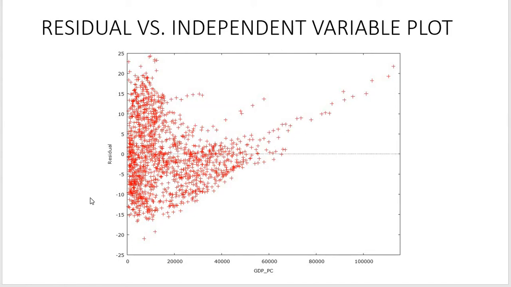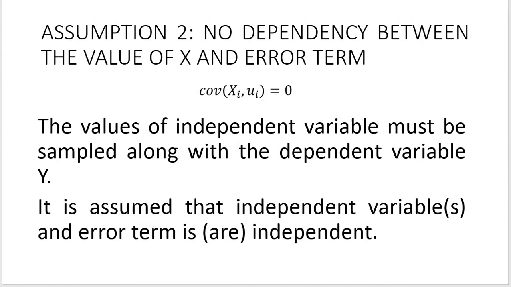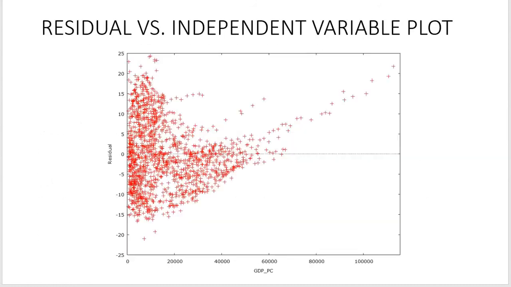So here you can tell immediately that the second assumption is not met. There is a dependency between the value of the independent variable and the stochastic error term. The bigger the value of the independent variable, the smaller the value of the stochastic error term. And then you have some strange outliers. Okay, whatever.